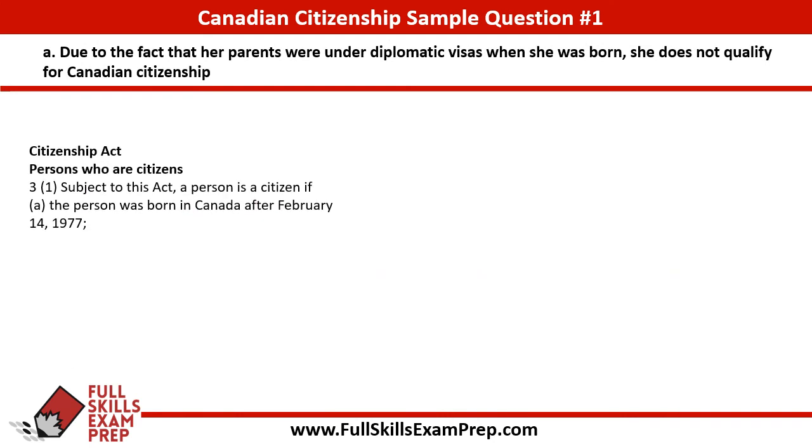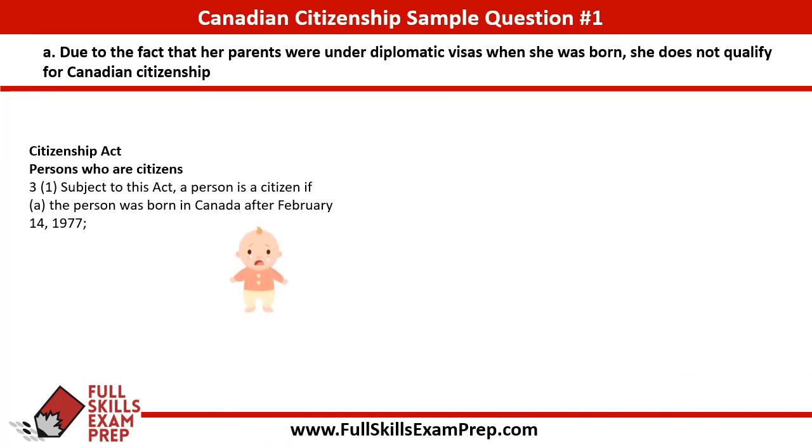All right, so let's take a look at A. We've removed really the other options, but again, it's always important to make sure that we are really confirming the correct answer here. So with this, we could see that the Citizenship Act refers to people who are citizens right at the beginning, and if someone is born in Canada, well, that person is a Canadian citizen, right?